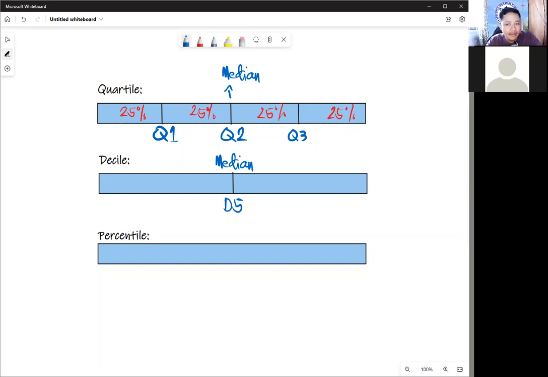D5. And so your classmates said a while ago, there are 9 deciles. Correct. And so when we do this, there will be 9 deciles that we need to place here.